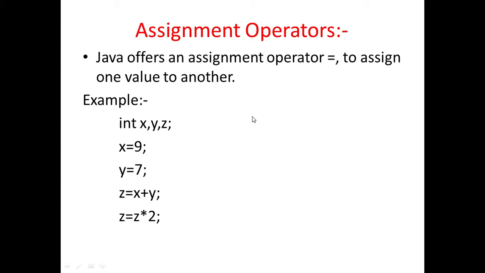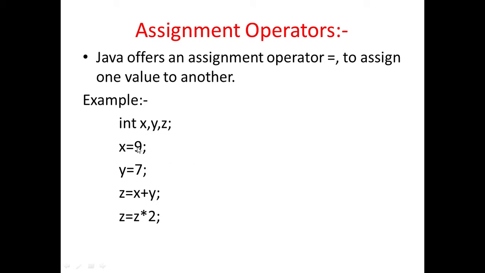For example, I am writing like this. I have written int. Int means integer. So actually I am writing integers. x, y and z are integer values that we are going to write, meaning it will be without decimal.